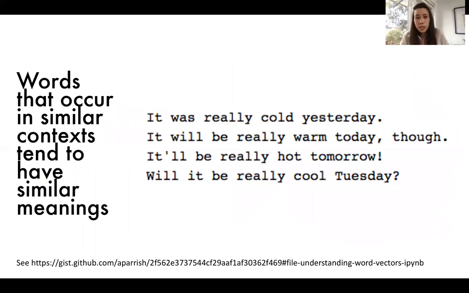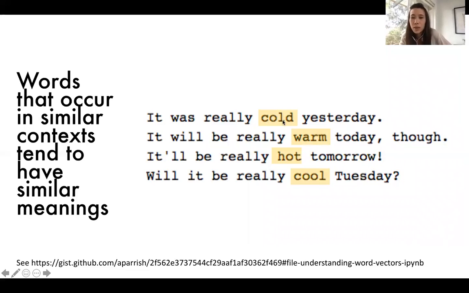To give you an example, consider the following text: it was really cold yesterday, it'll be really warm tomorrow, it'll be really hot, sorry, it'll be really warm today though, it'll be really hot tomorrow, will it be really cool Tuesday? What you can immediately see is that according to the distributional hypothesis, the words cold, warm, hot, cool are likely to be related in some way because they occur in a similar context.